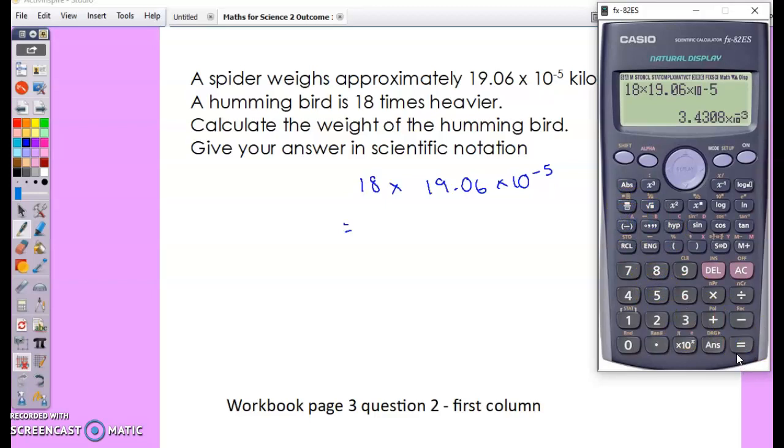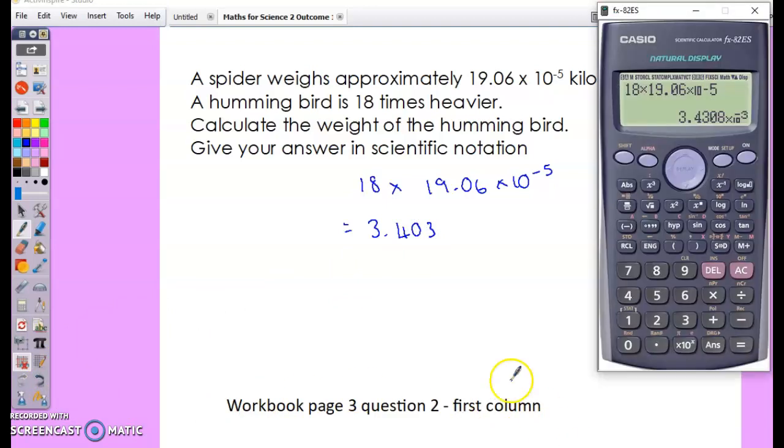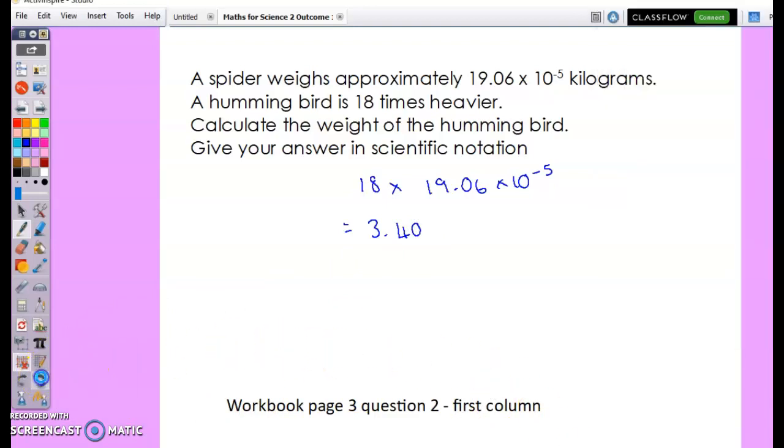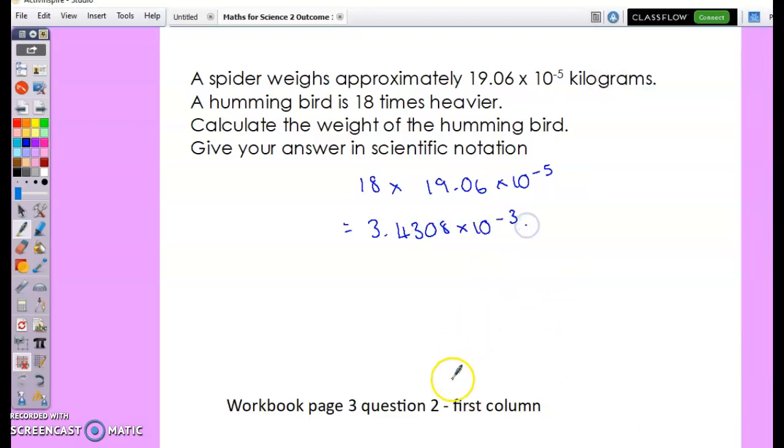That comes out as 3.4308 times 10 to the power of negative 3.